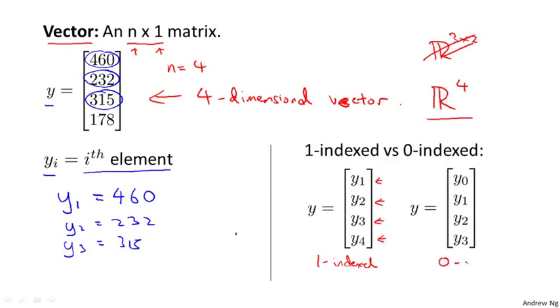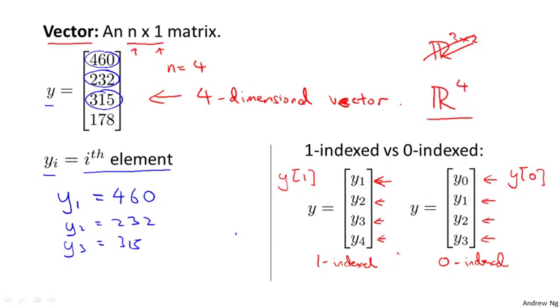The example on the right is a 0-indexed vector, where we start the indexing of the elements from 0, so the elements go from y0 up to y3. This is a little like the arrays of some programming languages, where arrays can either be indexed starting from 1 or from 0, depending on what programming language you use.